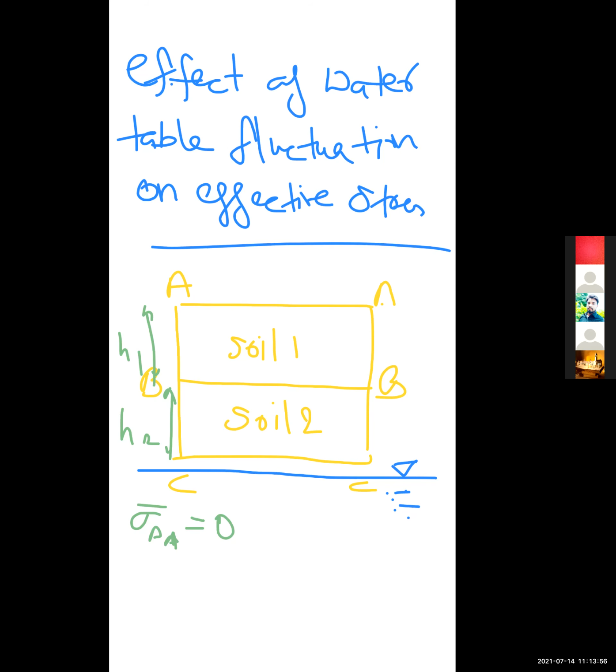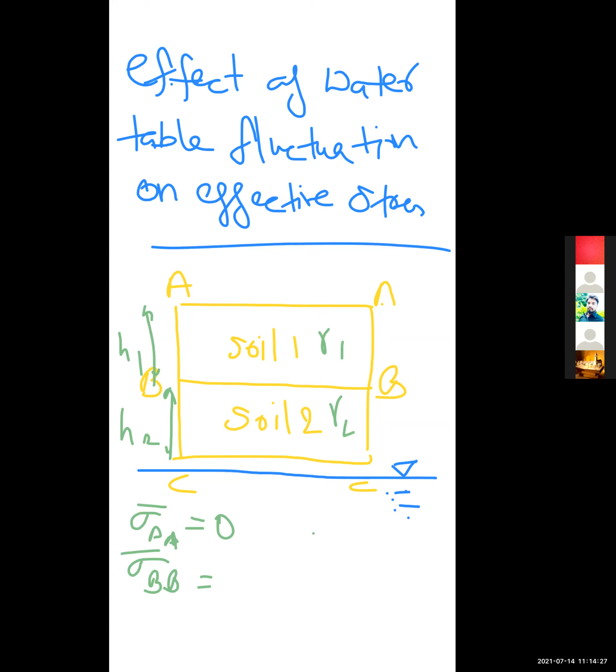Now at BB, the unit weights of soil are also given: gamma 1 and gamma 2. So sigma BB, the effective stress at the BB layer, how much?